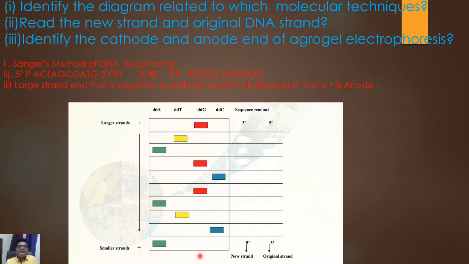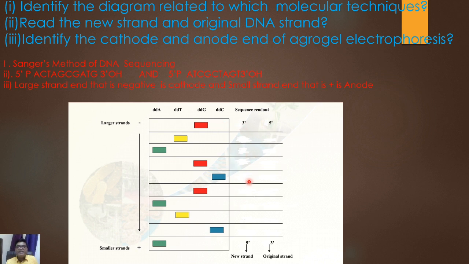So what you will read here from 5' is A, then G, then T, then A, again G, C, G, A, T, T, and G.